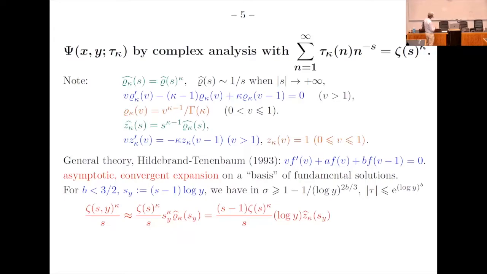But you know, as the Laplace transform of rho in s is asymptotic to 1 over s when the modulus of s tends to infinity, you see that this Laplace transform tends to 0 when s tends to infinity. So it defines a function.